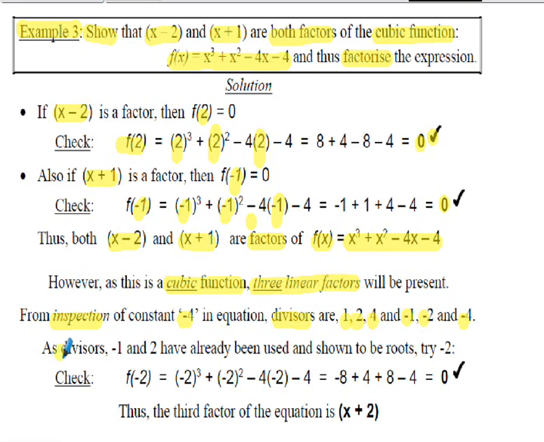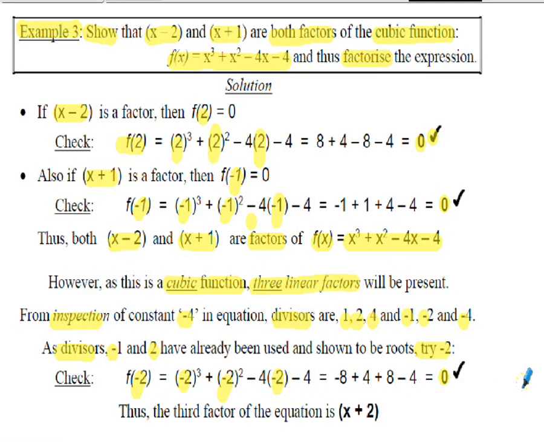As we have already used divisors negative 1 and 2 in the above solutions, I'm going to try negative 2 as my root. So put in the value of negative 2 for x in the function of x equation, so it's negative 2 cubed plus negative 2 squared minus 4 multiplied by negative 2 minus 4. That does indeed come to a remainder of 0.